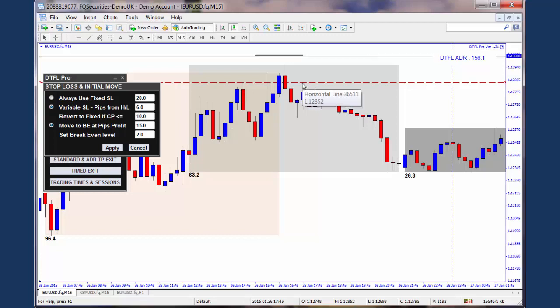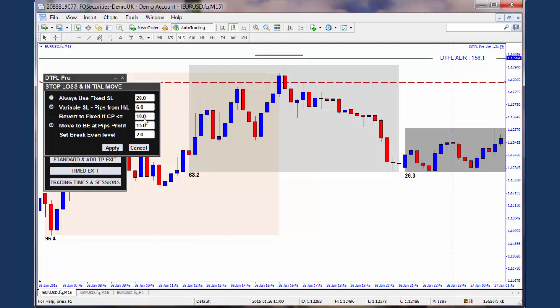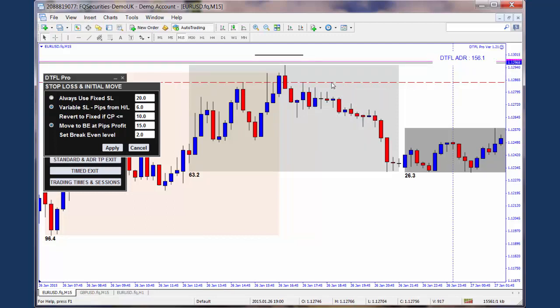So when the EA comes to calculate where 6 pips above the high would be, if when it's about to place that stop loss 6 pips from the high, current price is within 10 pips, then it will not place a variable stop loss. It will instead revert to a fixed stop loss of 20 pips. So in this situation, let's say the entry was here.